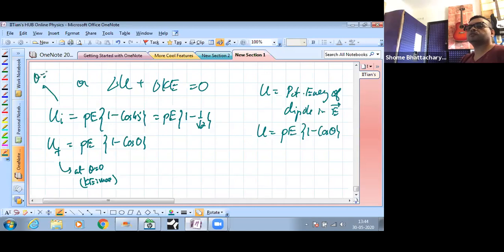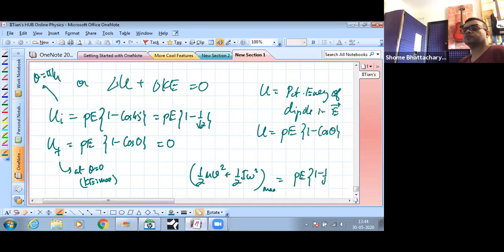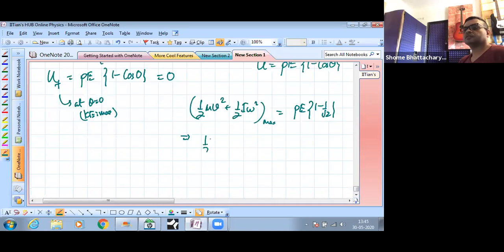This was at theta equal to pi by 4, the initial value. So this becomes 0. So half m v square plus half I omega square maximum value becomes PE into 1 minus 1 by root 2. And from this you can calculate. Now further you can write this as, it's a cylinder. So this will be half m v square into 1 plus half is equal to that. So from this you get the v max.